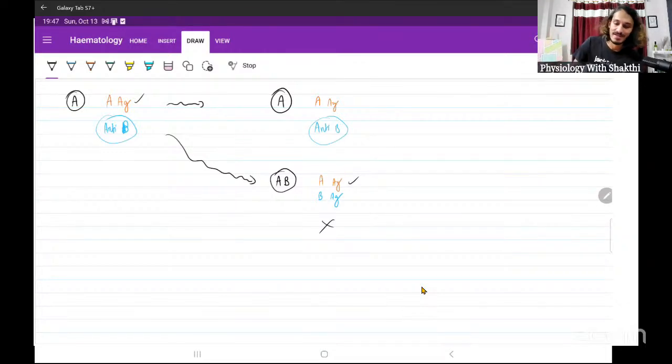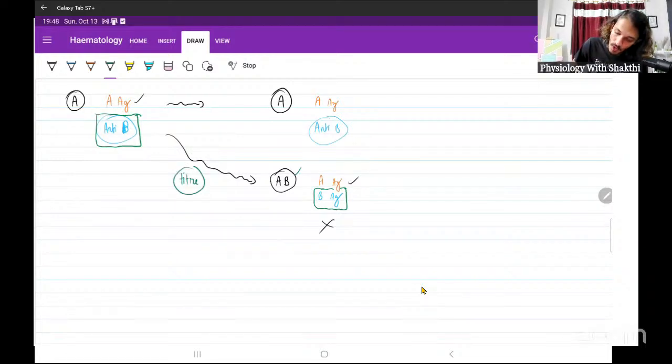But you have to remember this AB blood group has a B antigen also. And your A blood group has anti-B in it, which could create a problem. So this is where you do minor cross-matching. As long as the titer of this anti-B is less, you can give it to AB blood group.